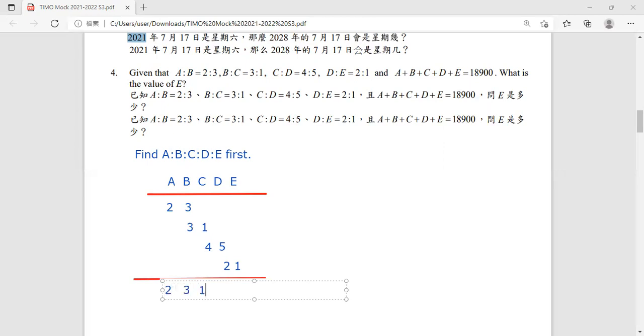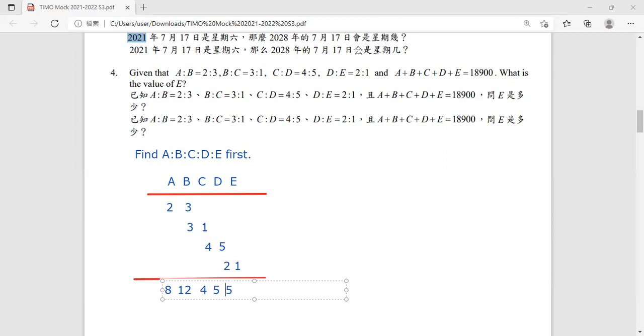First A to B to C will be 2 to 3 to 1, but I have to multiply it by 4 because C to D is 1 to 4. This is 5 and this is 4. Now it's 12, and this is 8. Finally I have to multiply it by 2.